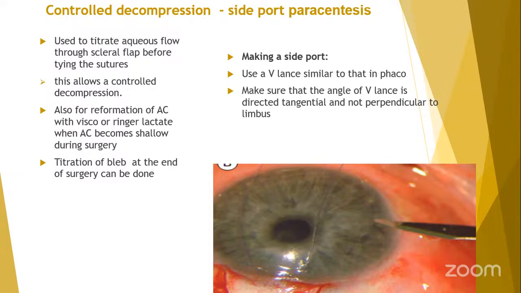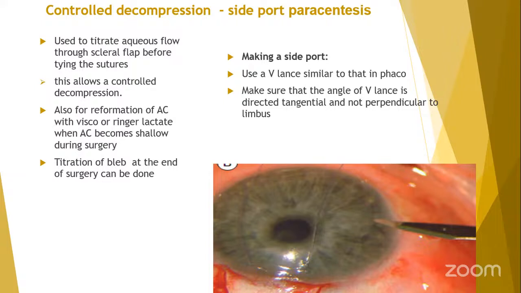how advanced this patient's glaucoma is, you can actually help the patient prevent the wipeout syndrome by making sure that your anterior chamber is always formed, either by replacing your balanced salt solution or even by putting visco.